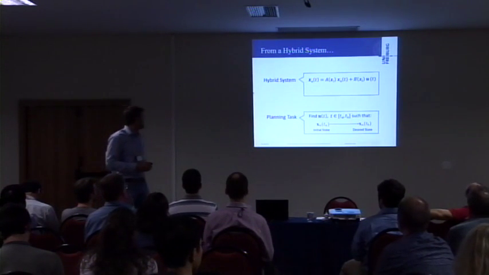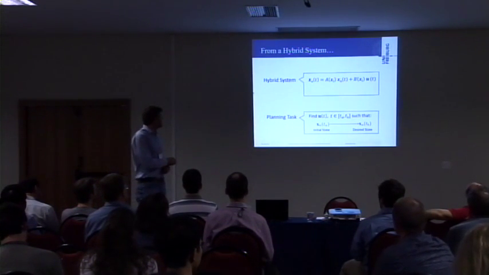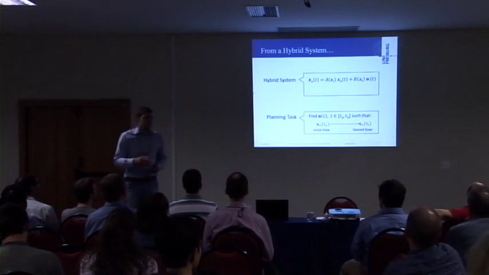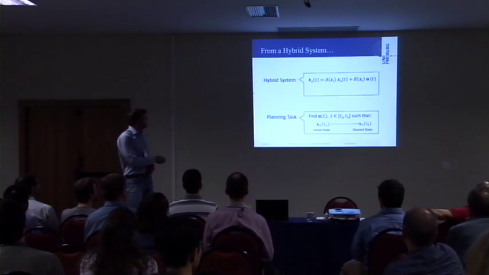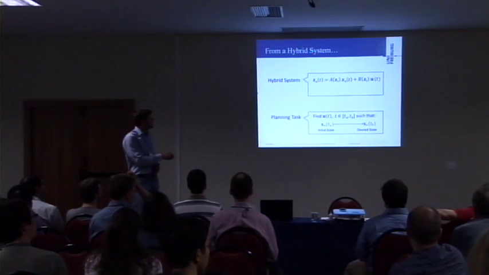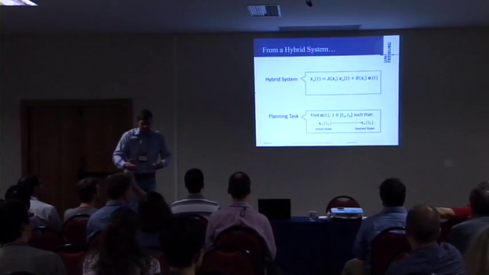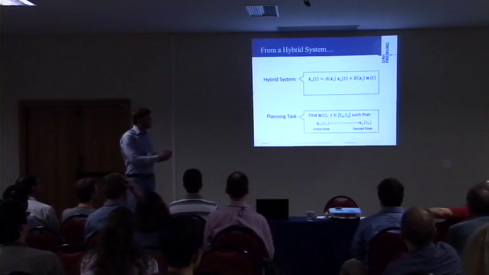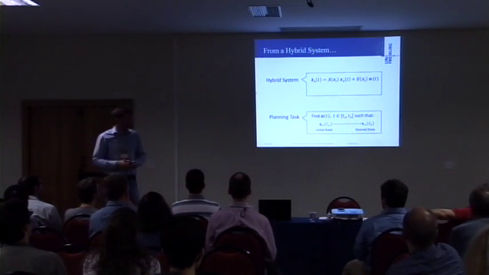And the planning task is now to find an input signal u. So if we want to change the numerical state variables here, we have to apply an external force, for instance, an external signal, for instance, a force or a torque.